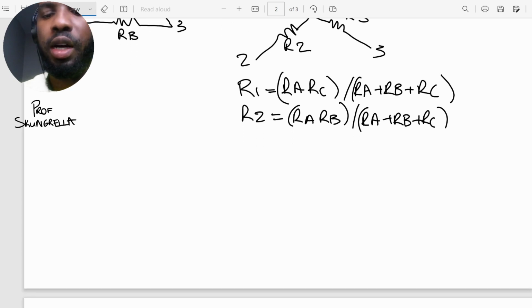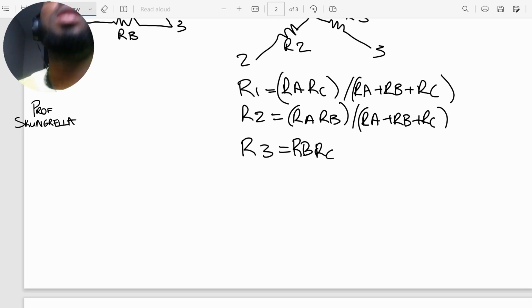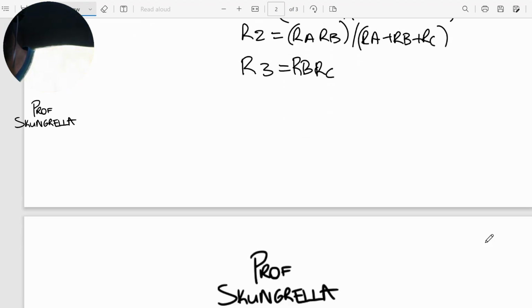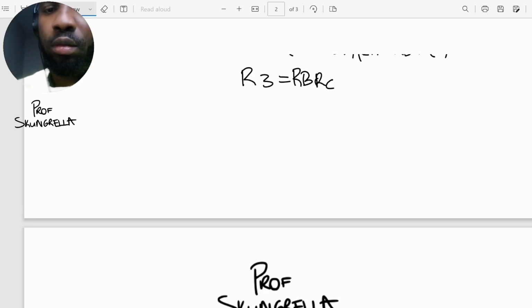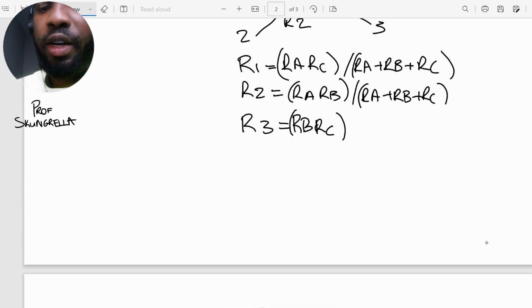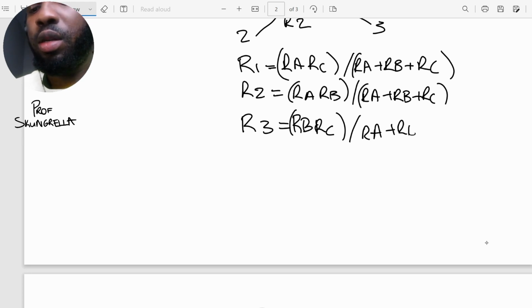And of course, R3 is going to be equal to RB times RC divided by RA plus RB plus RC.